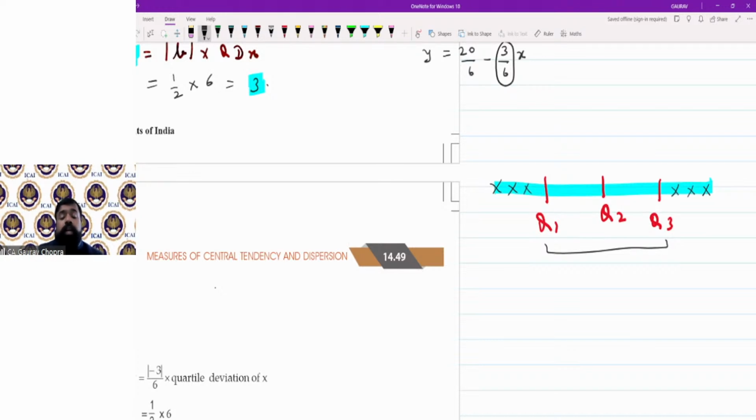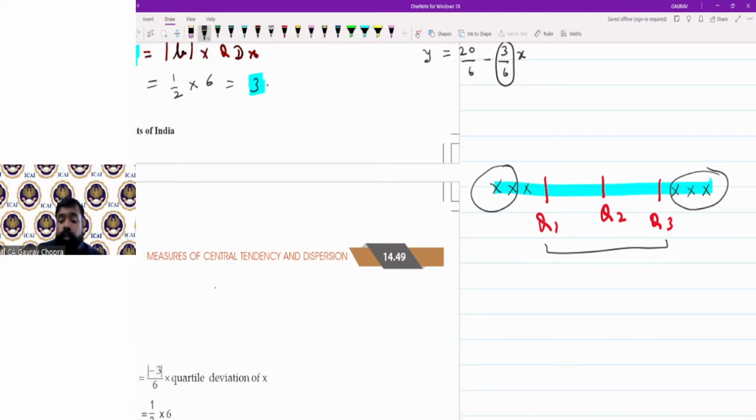So if the class interval is open-ended, whether it is open from the beginning or open at the end, it makes no difference in the calculation of quartile deviation. Therefore, whenever a theoretical question is asked, like if the class interval is open-ended, which measure is best? The answer will be quartile deviation is the best measure.